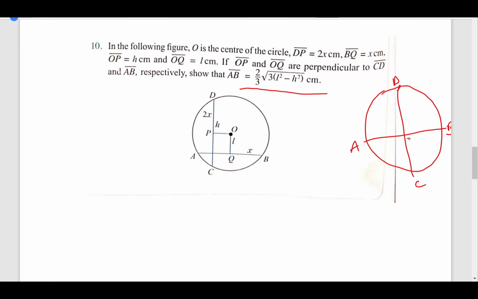So if this is our intersection point X, according to the intersection theorem, AX times XB equals DX times XC, dear students.